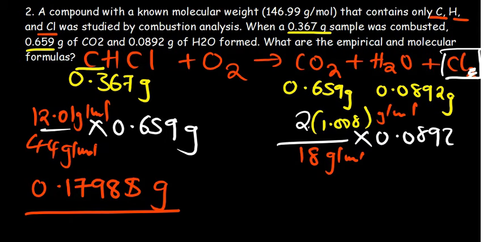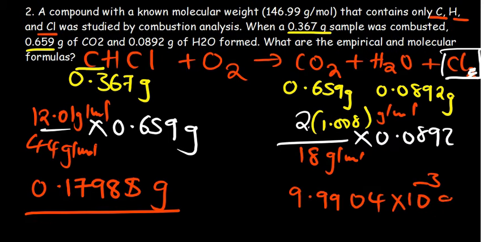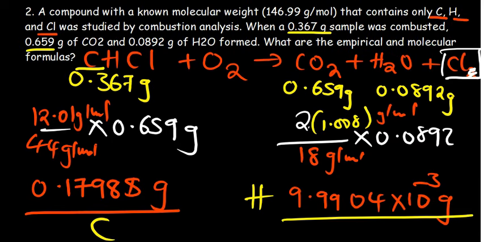So 2 times 1.008 divided by 18 times 0.0892. Here what we are getting is a very small value of 9.9904 times 10 to the power negative 3 grams. So we now have the mass of both hydrogen and carbon.